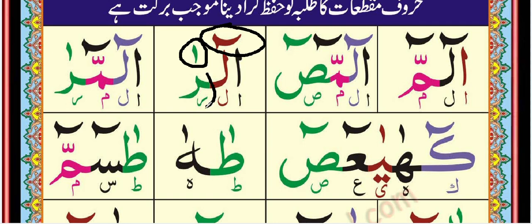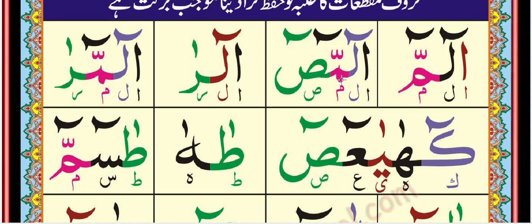For example, this standing fatha is on ra, so we say raa, that's it. If we have a madd here, we make it long too much, but when we have just standing fatha, we say raa, that's it. So these are the three signs you need to remember: madda, shadda and standing fatha.